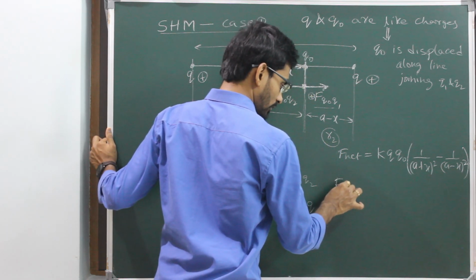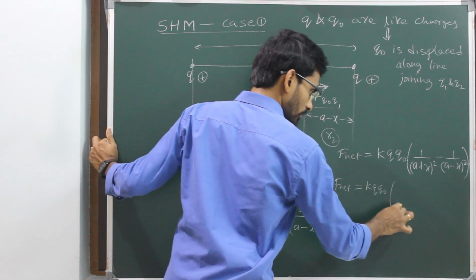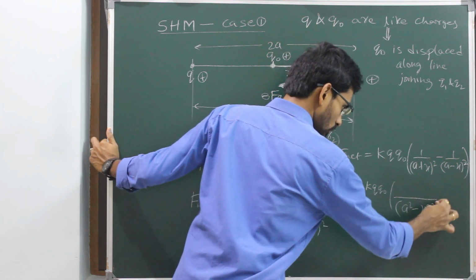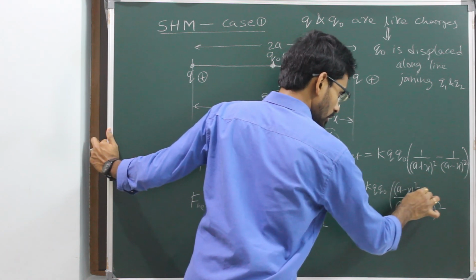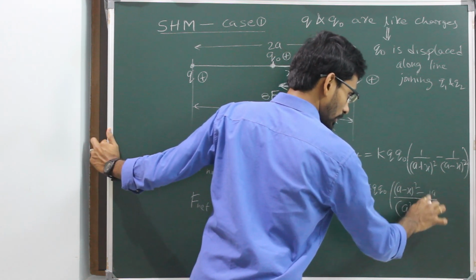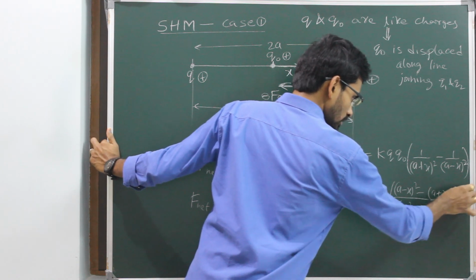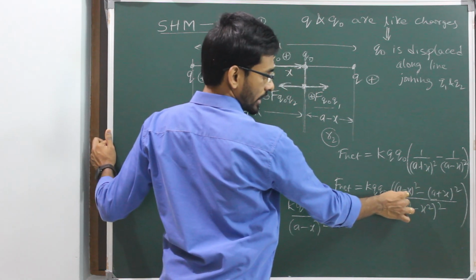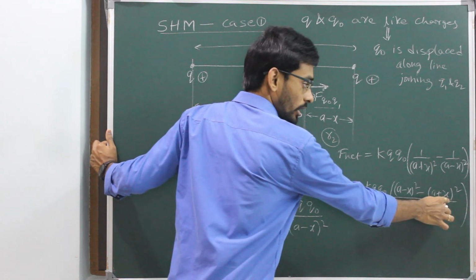So F net will be equal to KQ into Q naught. If we take LCM, A square minus X square whole square, A minus X whole square minus A plus X whole square. So from this, if we calculate, here A square plus X square minus 2AX, and here A square plus X square plus 2AX.